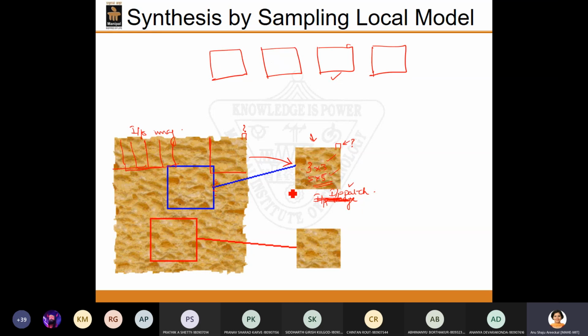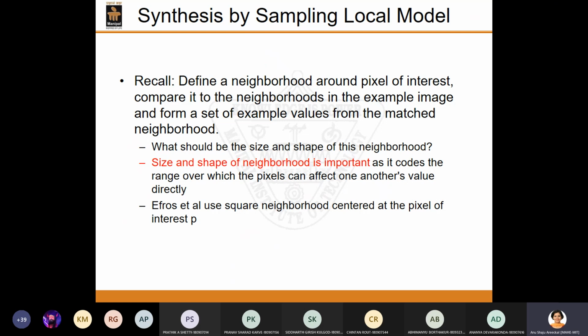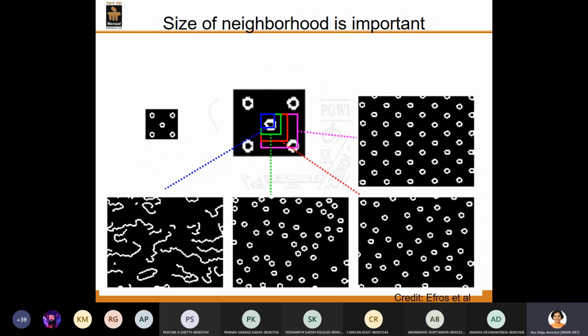The size of the patch that you are considering is also very important when you're trying to create another image. This is an example which shows how the size of the neighborhood matters when you're trying to synthesize an image.